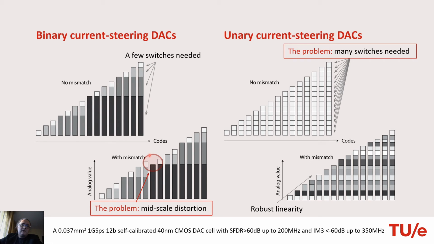At mid-scale we will have large errors, and this is illustrated here with the mid-scale non-monotonicity, for which, even though we increase the code by 1, the analog output actually decreases. This deteriorates the performance very much.